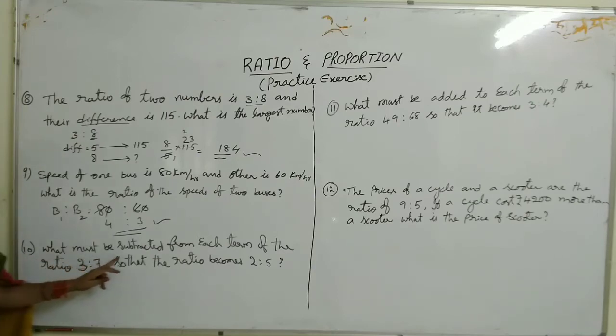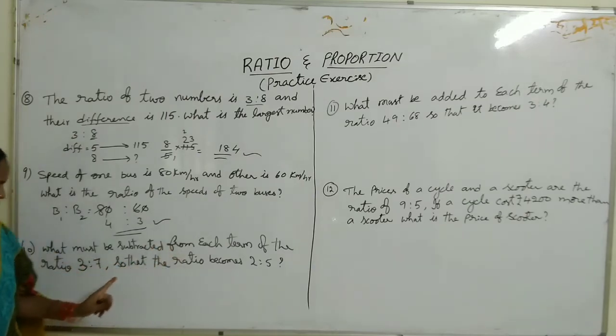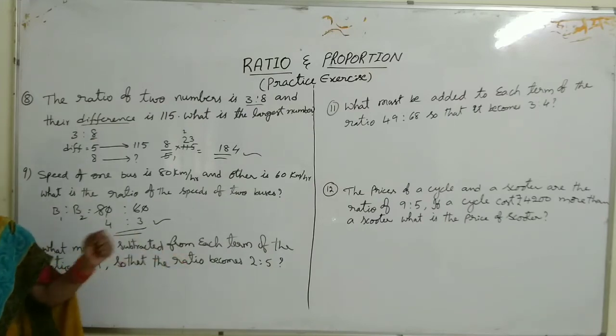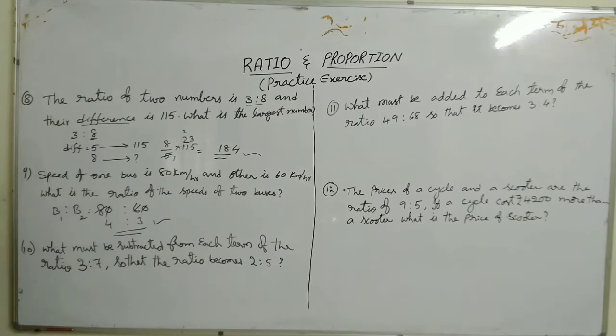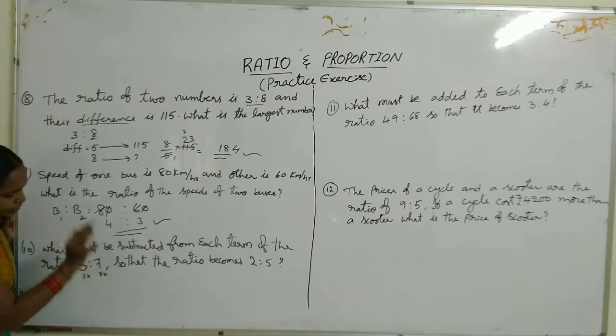Question number 10. What must be subtracted from each term of the ratio 3:7 so that the ratio becomes 2:5? So 3:7, what must be subtracted from each term? Here 3:7 means 3x and 7x.